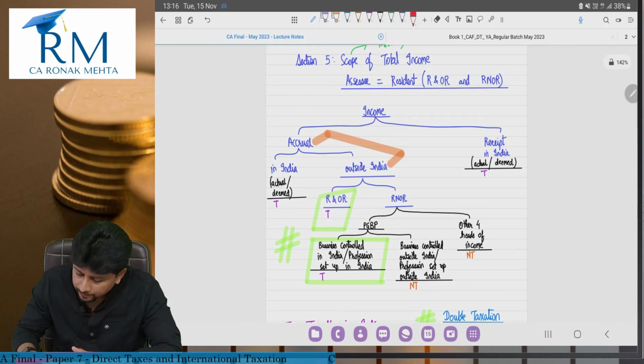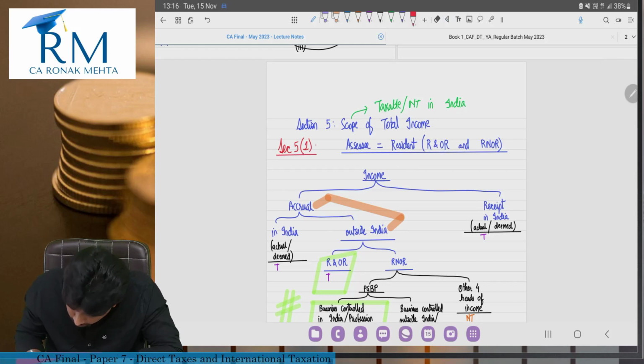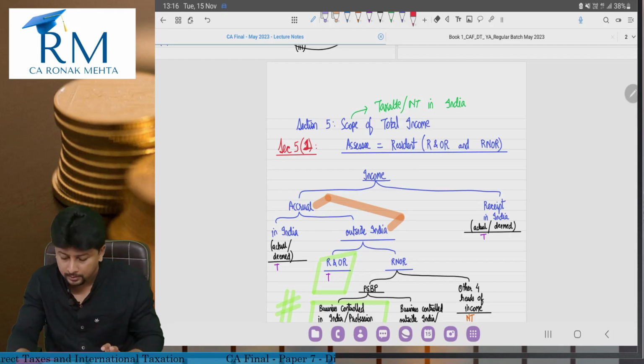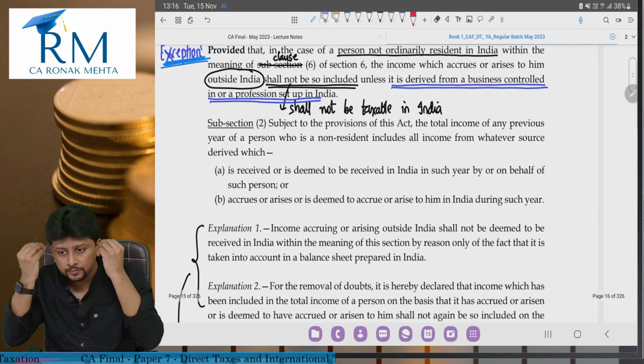This is Section 5, subsection 1, which only talks about a resident person. You've actually done the tough part. Now when you look at Section 5, subsection 2, you'll realize this is way too simple.